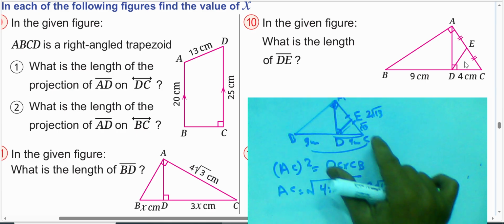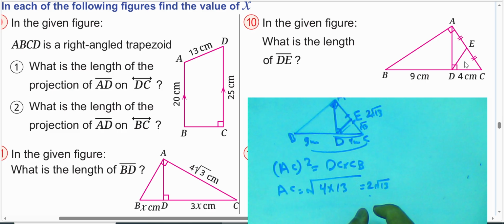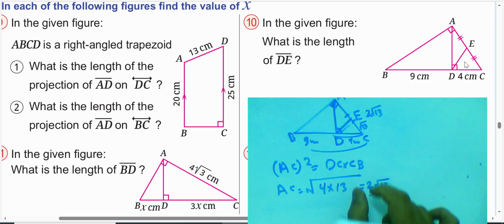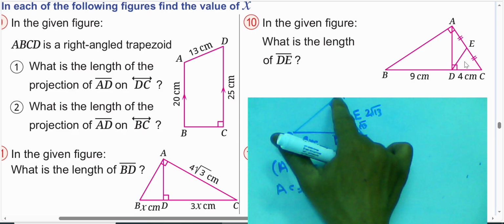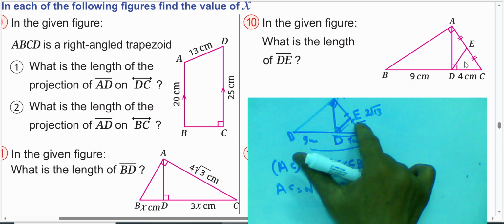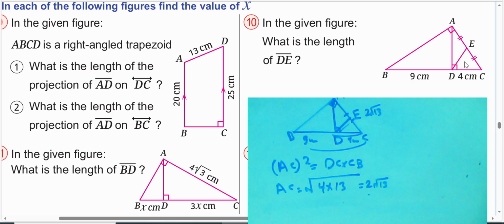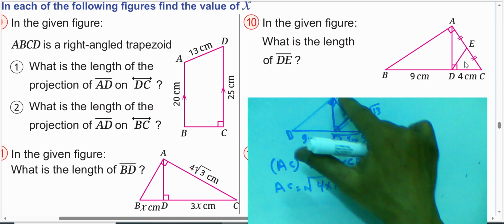It was 2 root 13. We will find what? DE. Who can tell me DE? We can find DE by product 4, product by ED divided by EC. We can find the length. This line segment was 2 root 13.